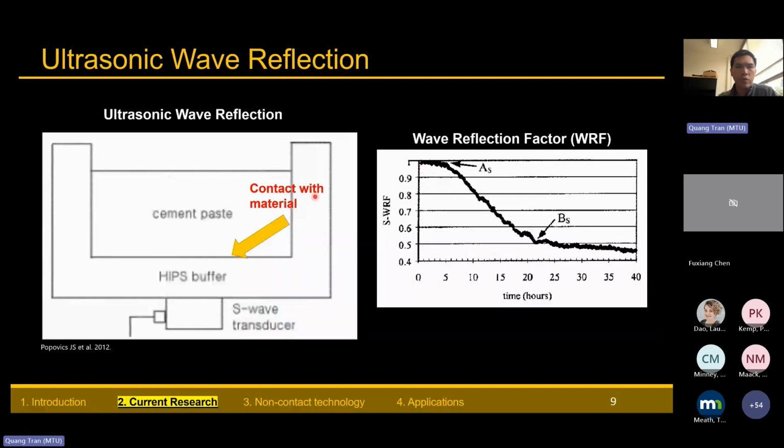But over time, when the cement paste gets hardened and this bonding becomes stronger, more energy penetrates into the cement material and less energy reflects back. That's why this curve starts to decrease over time. Along this curve, there are some indicators that the author uses to determine the set time of the materials. This is a very empirical method.